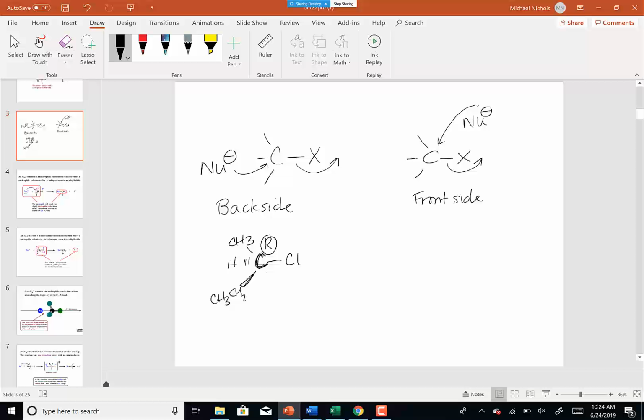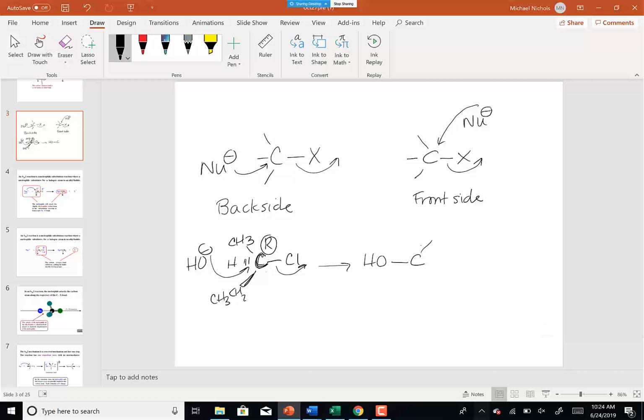And now I take my hydroxide and I say, okay, let's react the hydroxide with the carbon and kick off the chlorine from the backside. What happens from the backside is that the hydroxide comes down the carbon-chlorine bond so that it ends up in the plane.